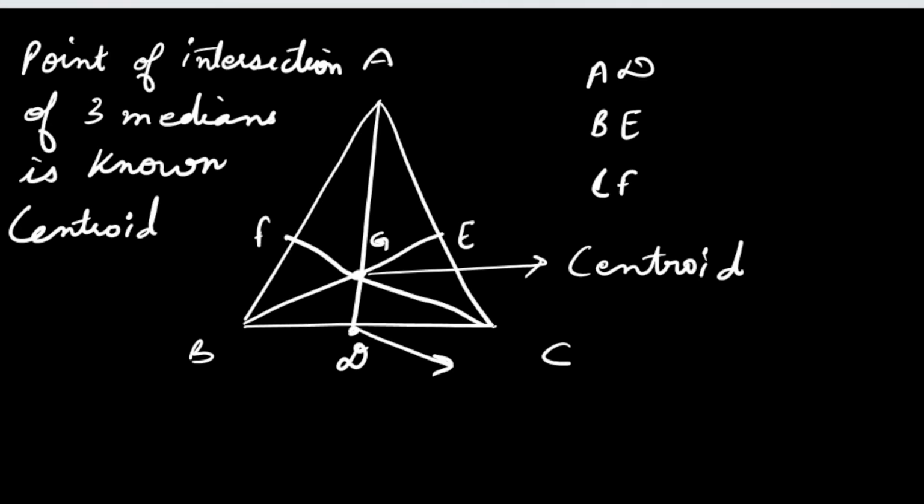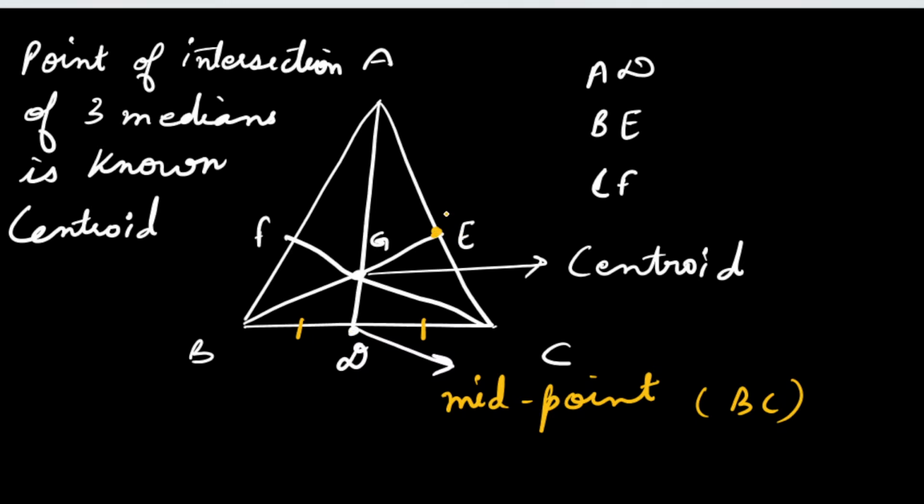So that means D is the midpoint of line segment BC, because AD is the median, and a median divides the line segment on which it is dropping into two equal parts. So BD is equal to DC, which means D is the midpoint.